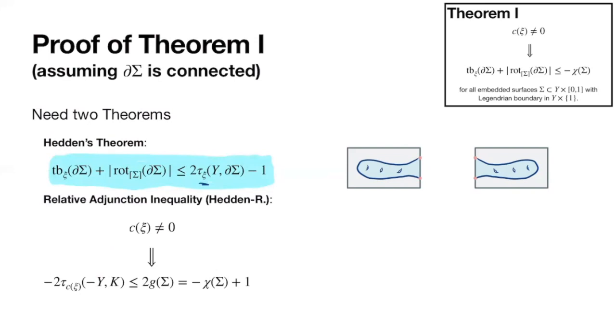Now I want to combine this with another theorem that's due to Matt and myself. In this context, it says the following. If the contact invariant is non-trivial, then minus 2 times tau of the contact invariant of minus yk is less than or equal to twice the genus of sigma. If you go back and watch my talk from this conference last year, I discussed the relative adjunction inequality.